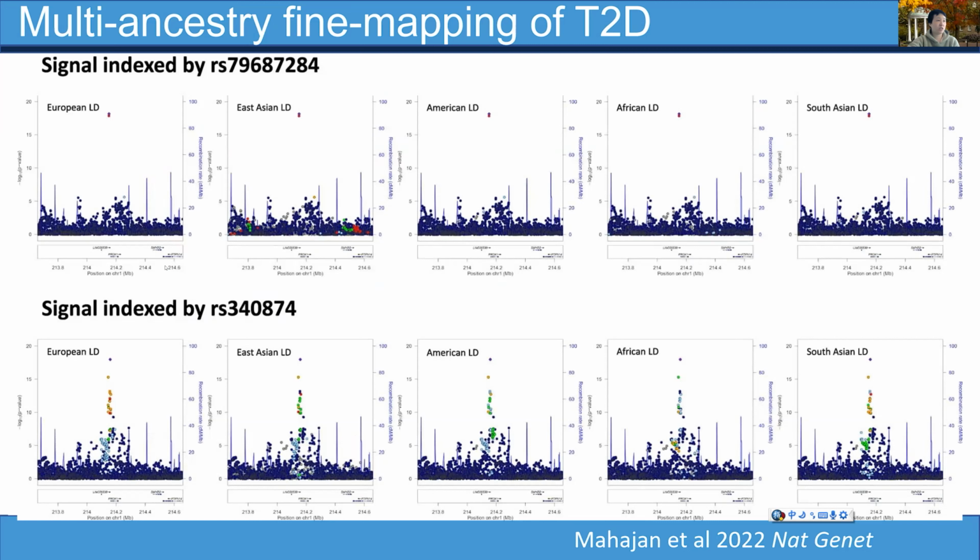I'm not going into details, but you can see how the same plots colored by LD in different ancestral groups differ tremendously. For example, the largest LD surrogates for the index variant are here in European ancestry, and here in East Asian, while you don't really have any very strong LD tag in African ancestry individuals.